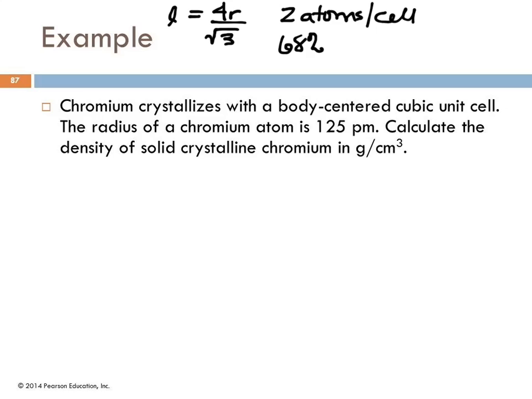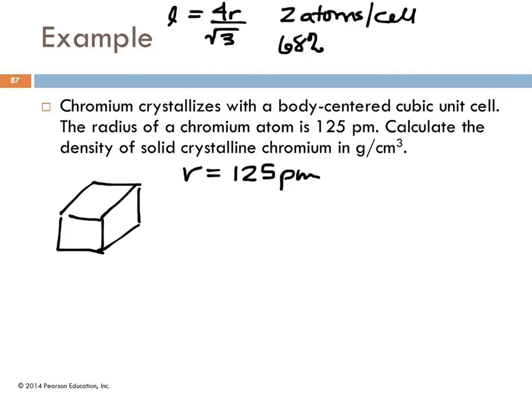So we're told that chromium has a body-centered cubic cell. So there's a very sad-looking cube. The radius of a chromium atom is 125 picometers. So r equals 125 picometers.